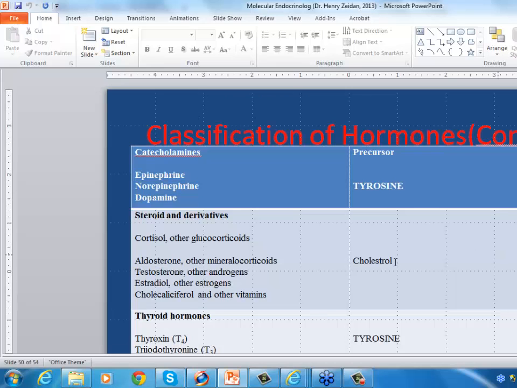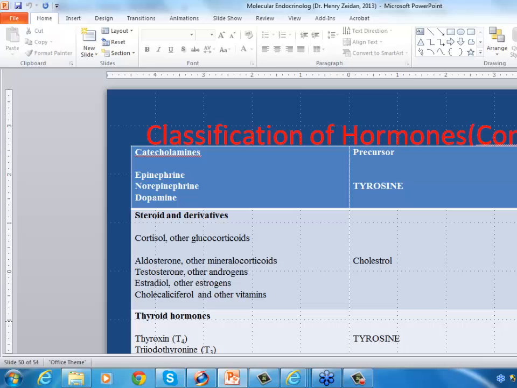You have a table here that addresses this very nicely. So catecholamines: epinephrine, norepinephrine, dopamine. Where are they coming from? Coming from tyrosine. Cortisol, aldosterone, testosterone, estradiol, cholecalciferol, and the other forms of vitamin D, all coming from cholesterol.